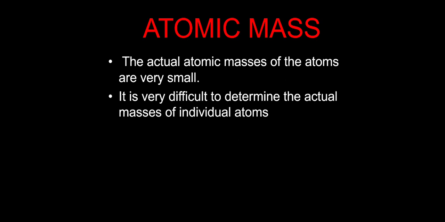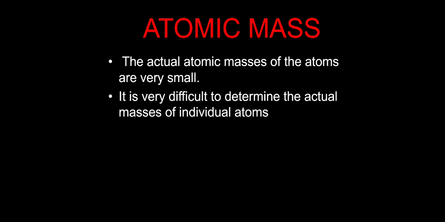When we say relative basis, basically we are trying to compare the atomic weight of one element with respect to some other element, which we call a reference element. So, when we say atomic weight, what we mean is a number that says how heavy an atom of a particular element is compared to an atom of another element taken as a reference. That is basically an atomic weight.